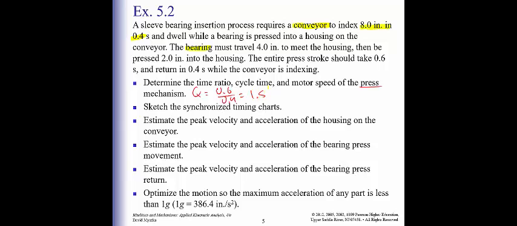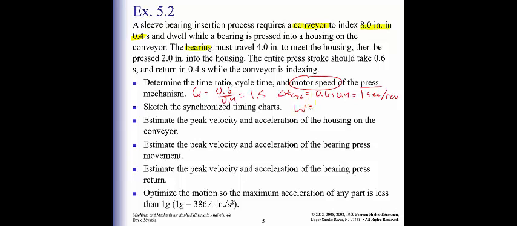It says to find the cycle time. That's pretty easy. That's just going to be your delta t cycle, a summation of 0.6 plus 0.4, which is going to equal 1 second per revolution. If it's asking for a motor speed, that's the omega.